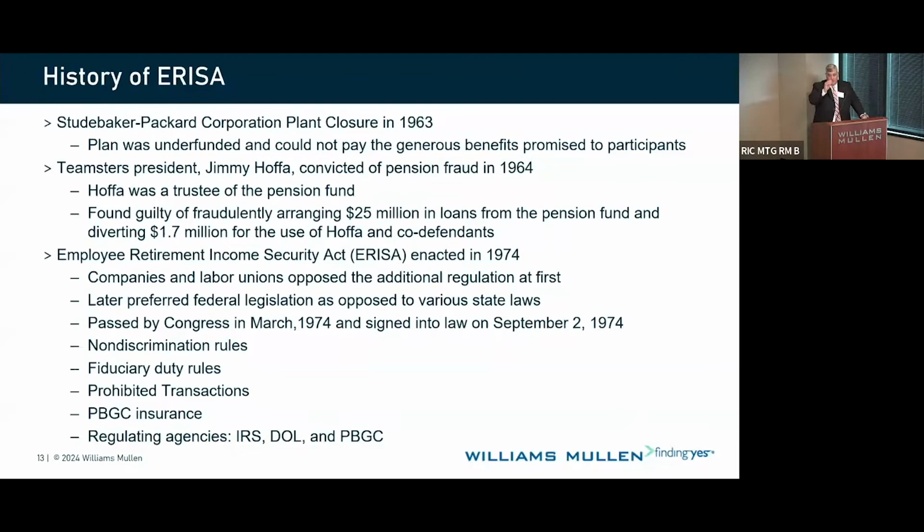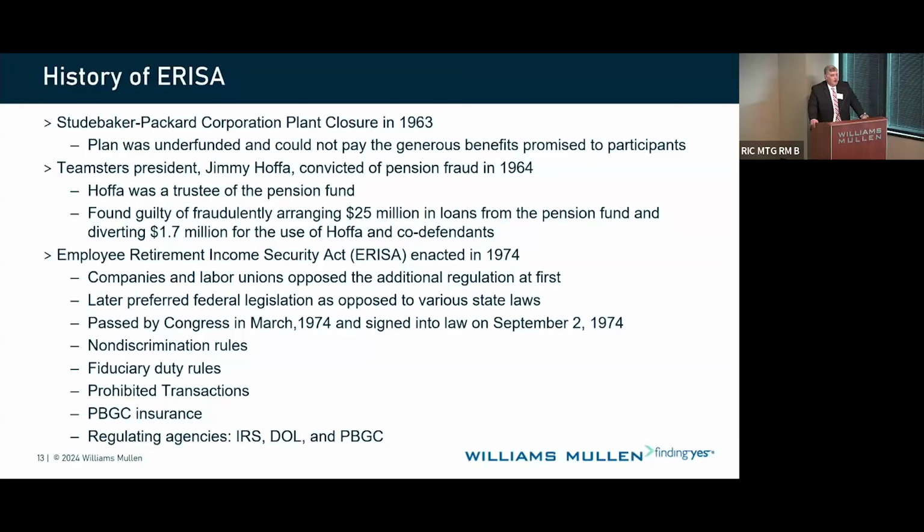Initially, employers and labor unions opposed ERISA because they didn't want, of course, more regulation, right? What employer wants more regulation and hoops to jump through? But then they realized that if Congress didn't do it, the states were. There was so much concern over mismanagement and fraudulent use of pension assets that they knew the states would pass legislation.